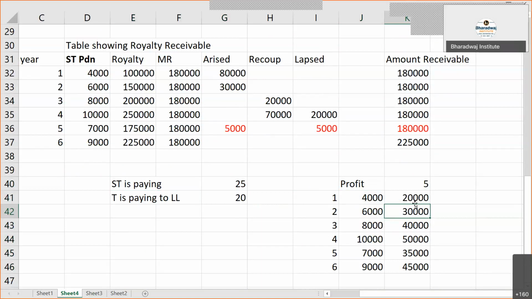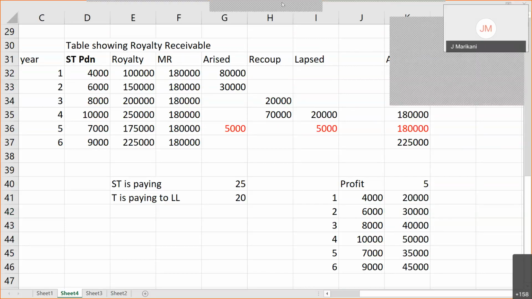If the question is given with a strike, you have to take it on a pro rata basis.